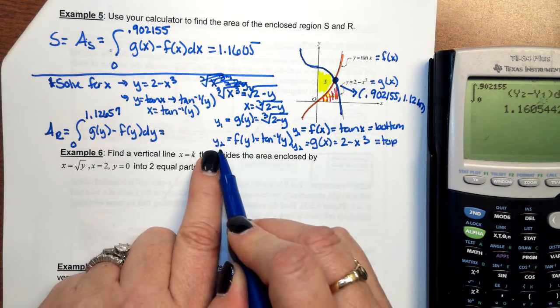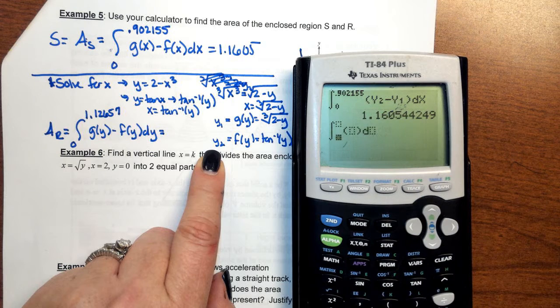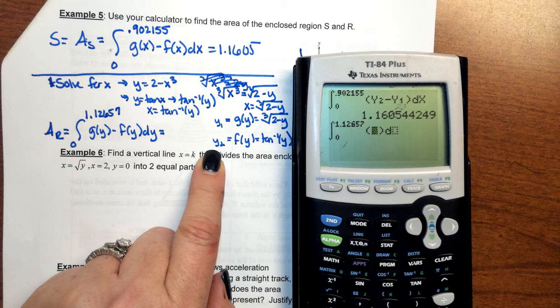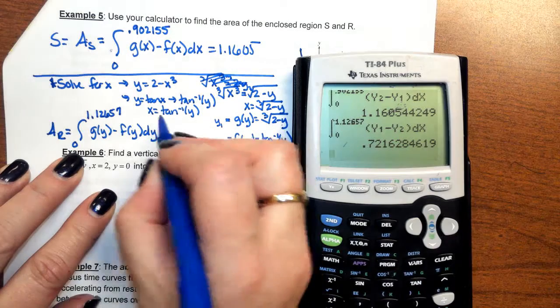Inverse tangent of y is loaded under y2. So I'll do my alpha window, do my integral, 0 to 1.12657. Again, it's going to be my y1 minus y2, and I end up with 0.722.